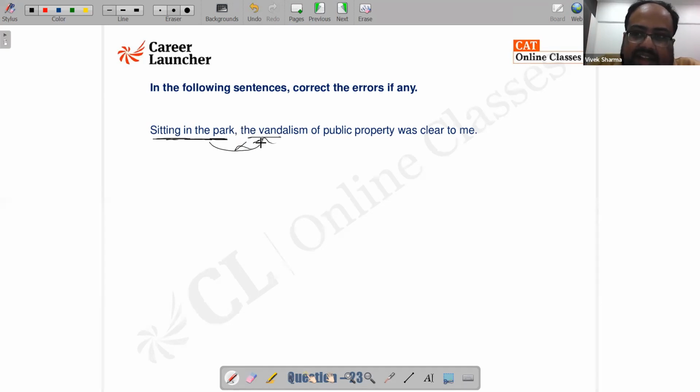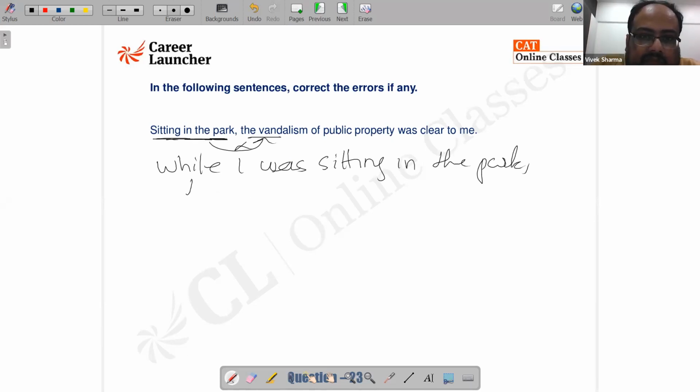So in this sentence, it seems as if the vandalism was sitting in the park. Anshul, correct. I can say while I was sitting in the park. Anubi, also correct. The vandalism of public property was clear to me. Right? While I was sitting in the park, the vandalism of public property was clear to me.